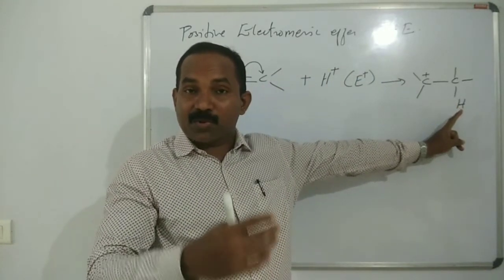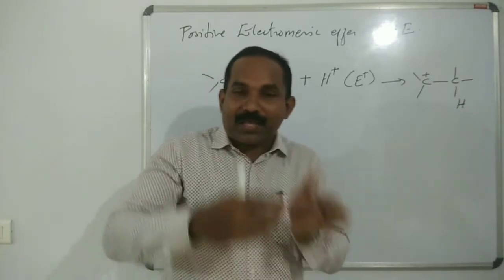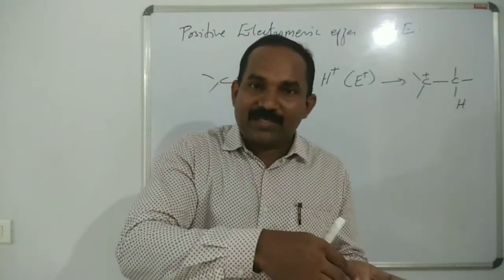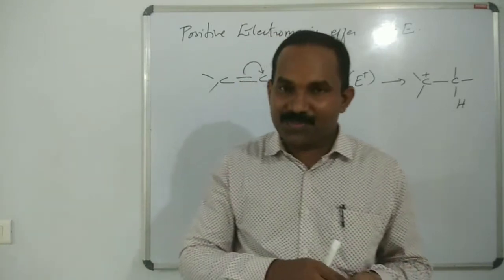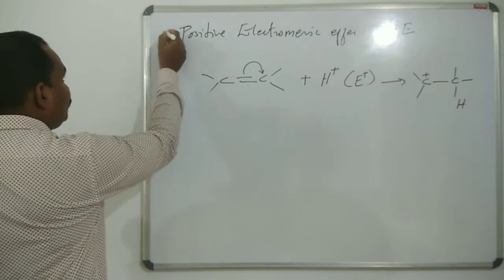And that is why it is called positive electromeric effect, plus E effect. The shared electron pair shifted to one of the atoms, to that atom the attacking reagent is attached. That is called positive electromeric effect.